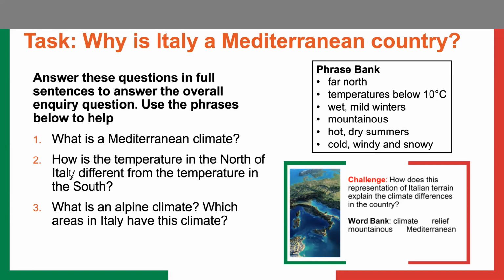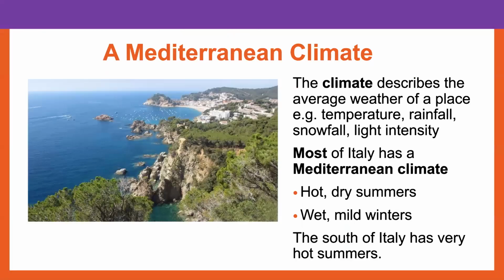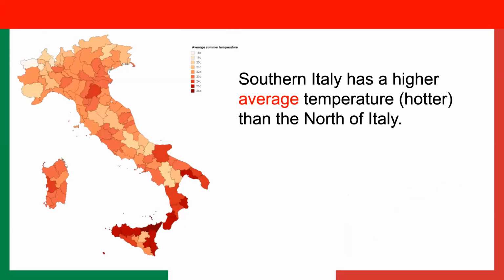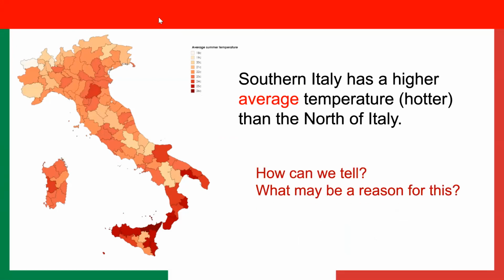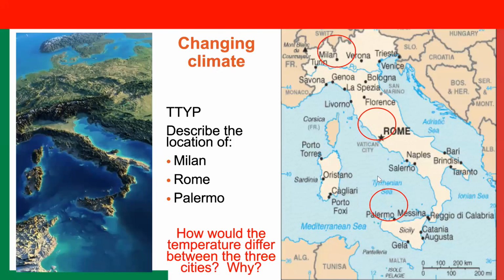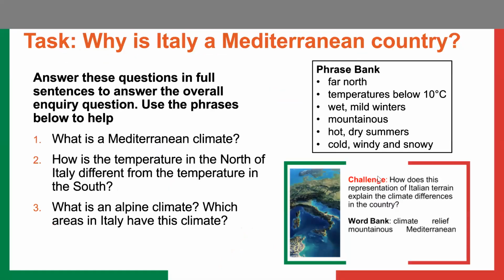Number 2: how is the temperature in the north of Italy different from the temperature in the south? Now, we've had a look. I'm going to take you back. We can see here that southern Italy has a higher average temperature than the north of Italy, and we've got some examples here of those places. So you can use all of that information to help you.